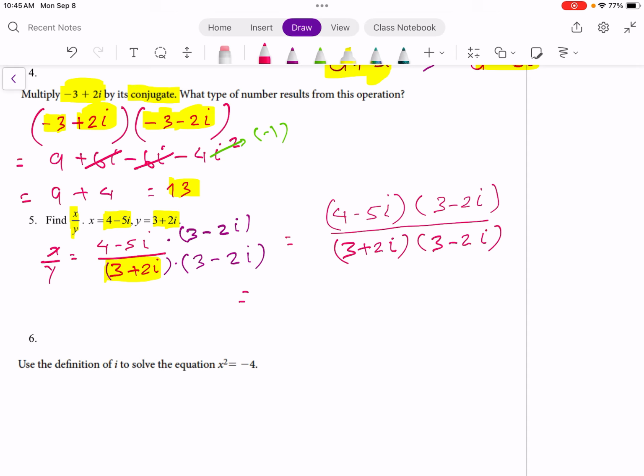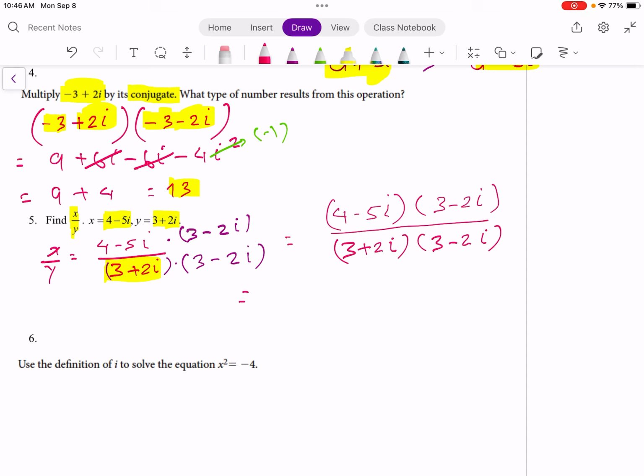Look for the like terms. Get rid of i squared by just replacing i squared by negative 1. Your denominator has to be a real number. If you get a complex number in the denominator, then it's wrong, because we have a complex number and its conjugate. When we multiply a complex number by its conjugate, we always get a real number.